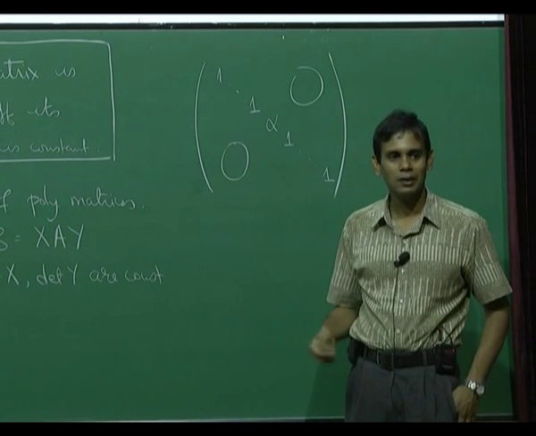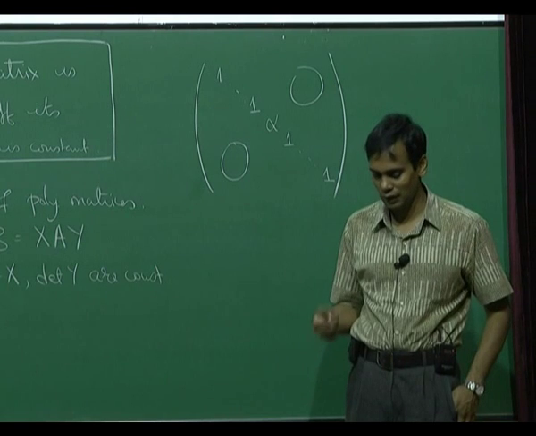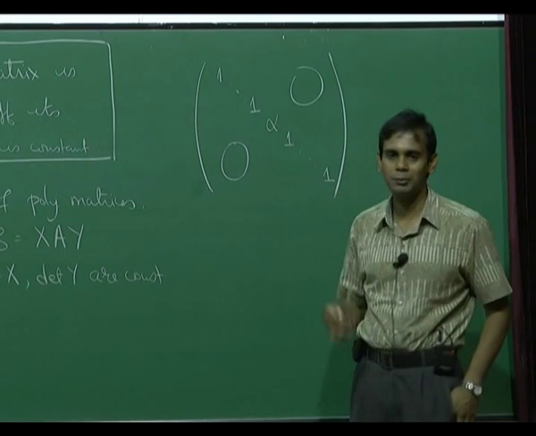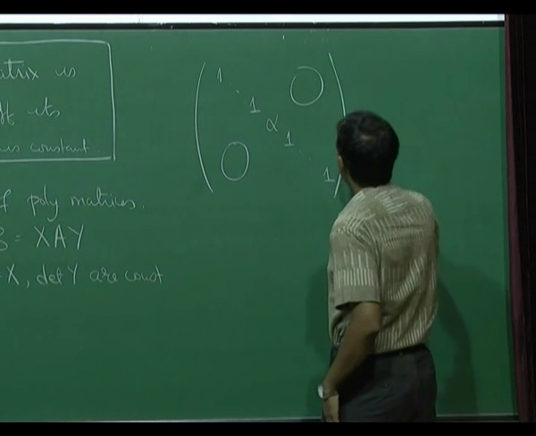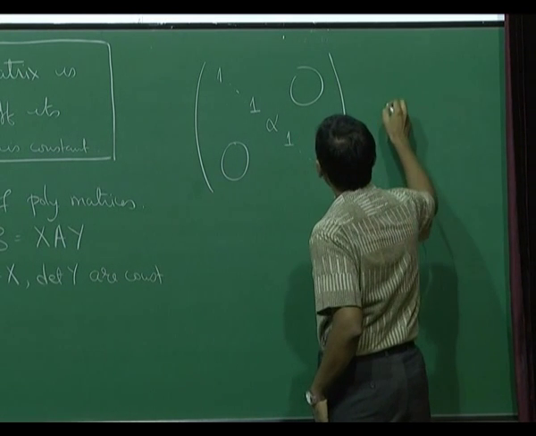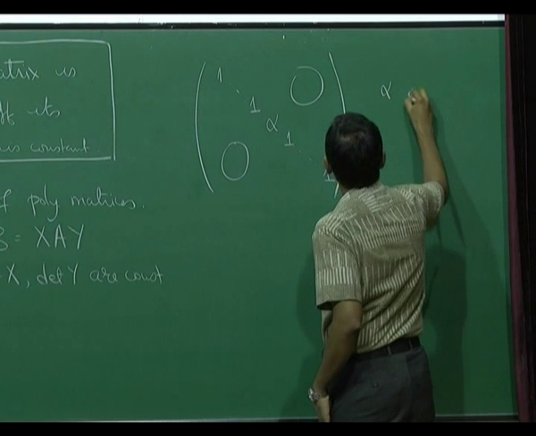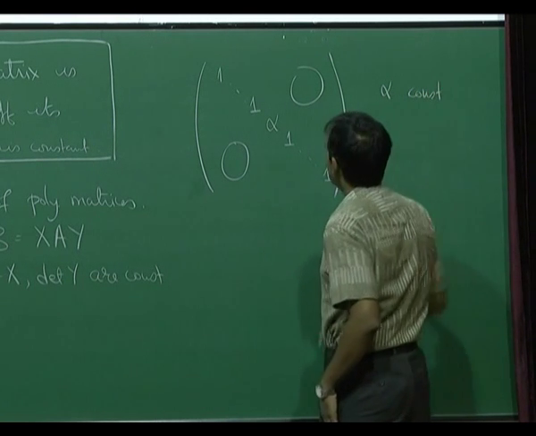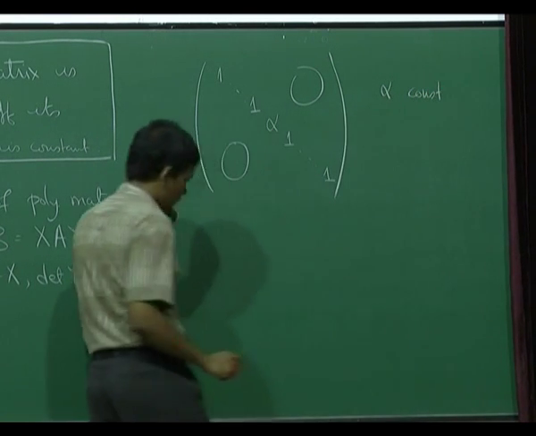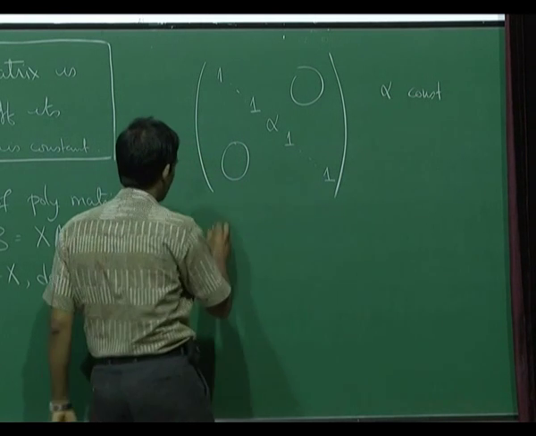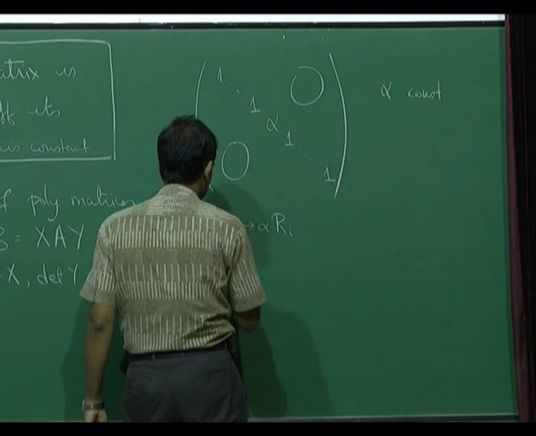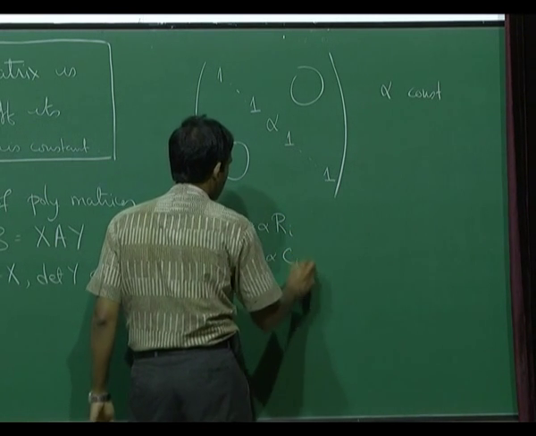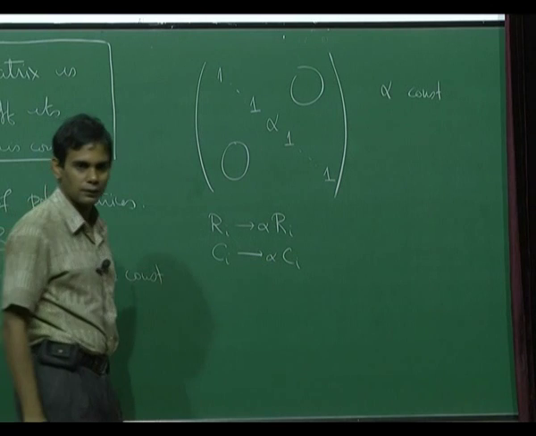If alpha is non-constant, then alpha inverse becomes a proper rational function. So, this is invertible only if alpha is constant. And so, we are still allowed to do this operation Ri goes to alpha Ri, Ci goes to alpha Ci, provided alpha is a constant.